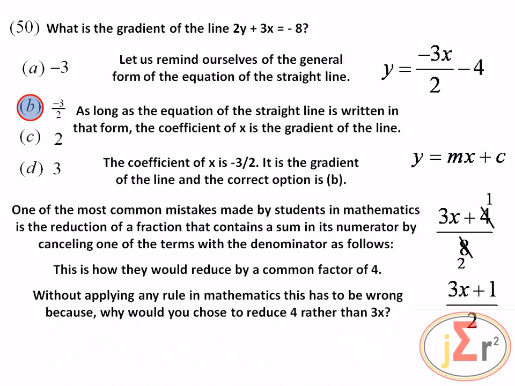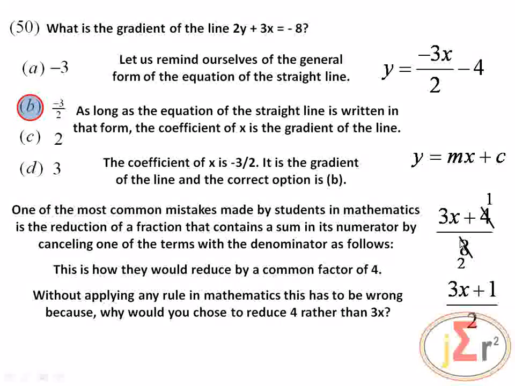Without applying any rule in mathematics, this has to be wrong, because why would you choose to reduce 4 rather than 3x? Here we have 3x plus 1. Well, we had before 3x plus 4.